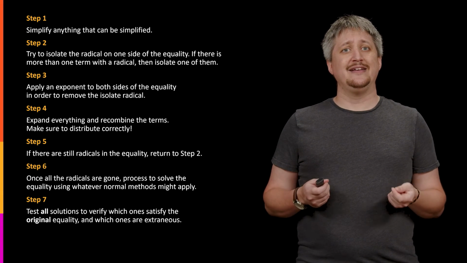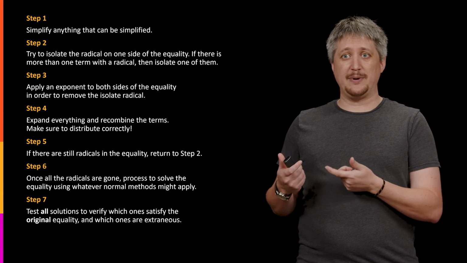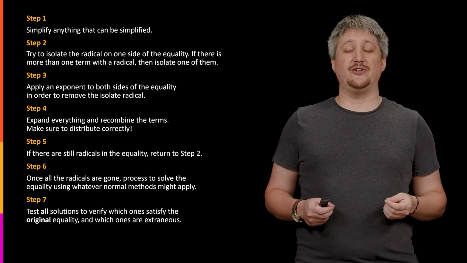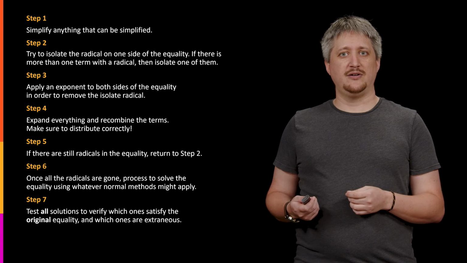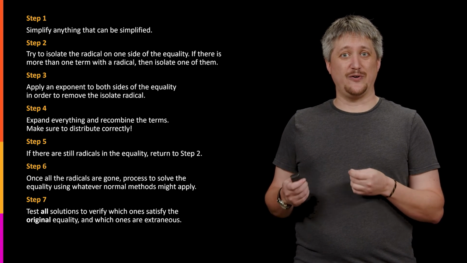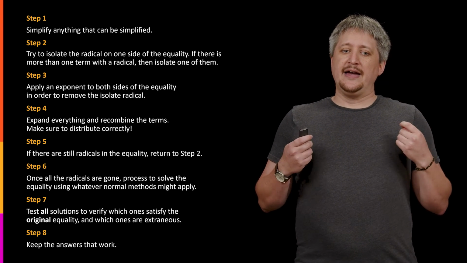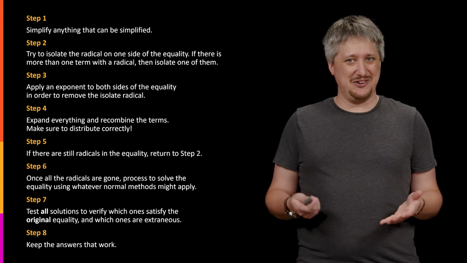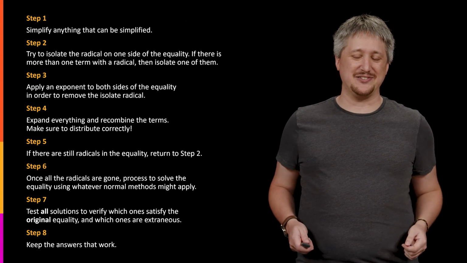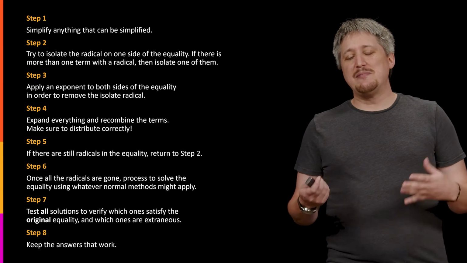Step 7, now that we've done that and we have applied powers at some point, we have to test all these solutions to verify whether they're actual solutions or whether they are those extraneous, false solutions. And step 8, keep the ones that work, right? Obviously we don't want to use the extraneous solutions. So you can memorize all of this.